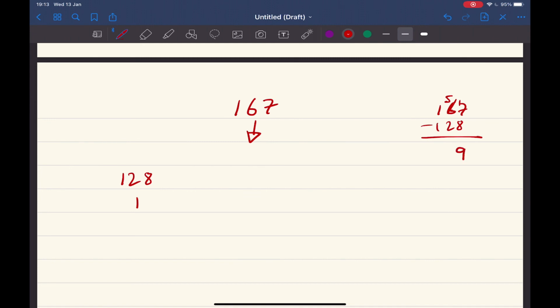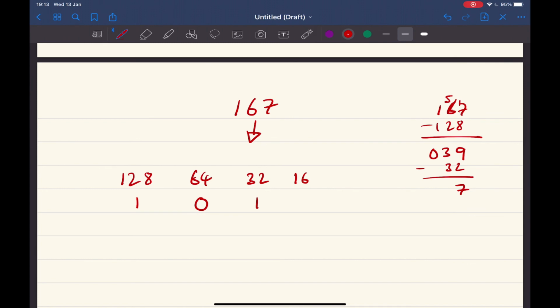So 17 minus 8 is 9. 5 minus 2 is 3. And then we've got 1 minus 1 is 0. So 64 doesn't fit into 39, so we put a 0. 32 does fit in, so we put a 1 and we minus 32. That leaves us with 7.